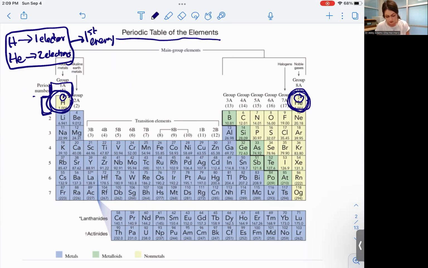All right, so lithium, I'm going to erase so that you can see a little better. So lithium also has filled that highest energy level with 2 electrons, but it has a 3rd electron, so it sits on the next step. And the next step is going to be that next period. Okay, so that's what I was trying to explain to you guys.